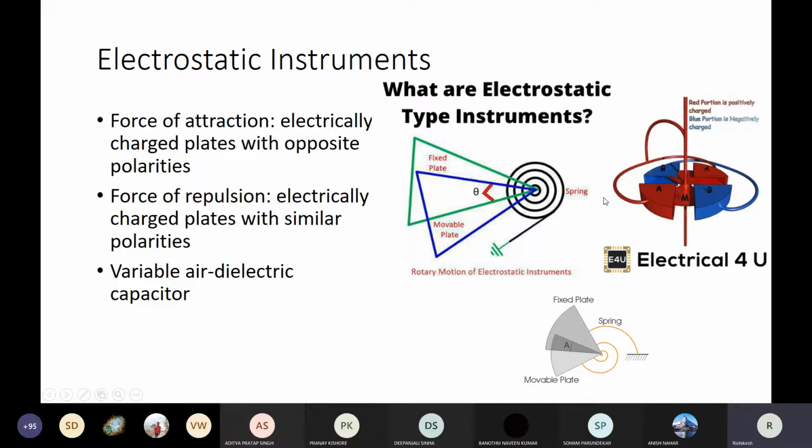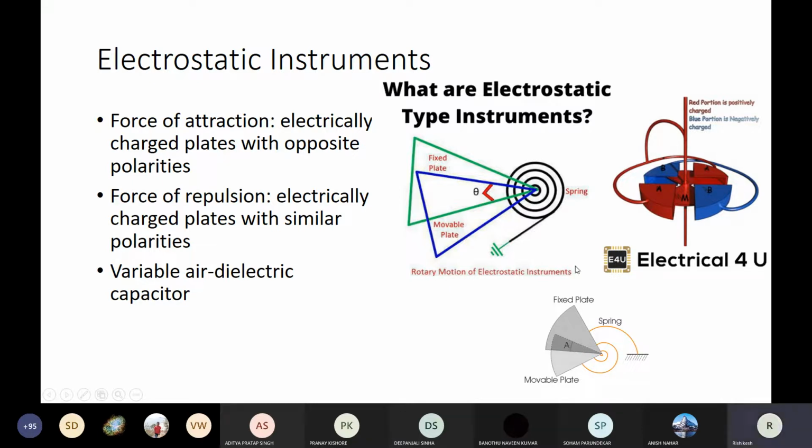The fixed plate is fixed, as the name suggests. It is not moving, only the movable plate is moving, and that decides the area A of overlap, which is shown here with a darker gray color.